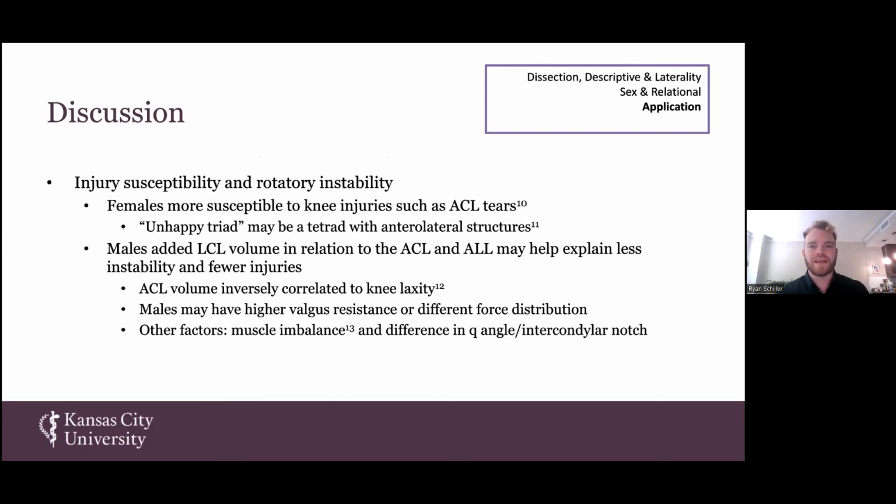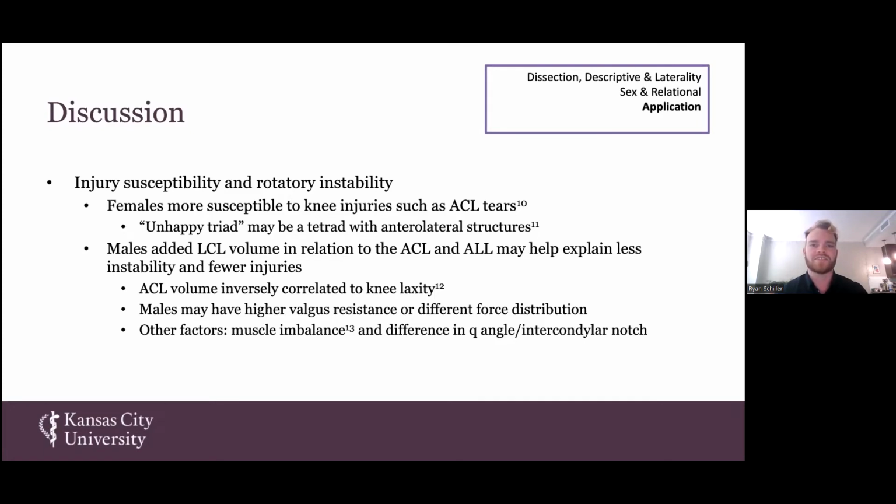So these results could have several implications, from injury susceptibility to the lateral rotatory instability differences that we see between males and females. Females have been widely reported to have an increased rate of some knee injuries, such as ACL tears.